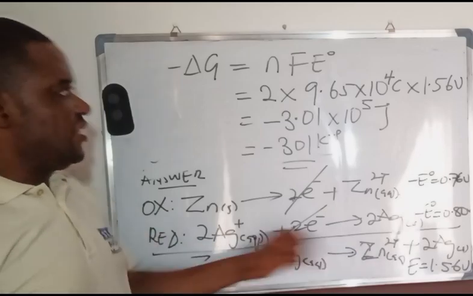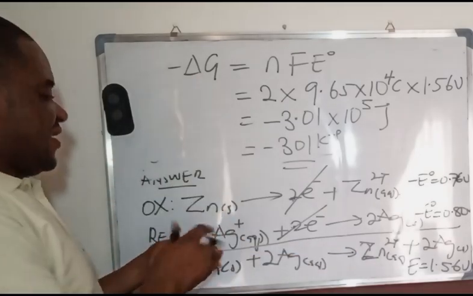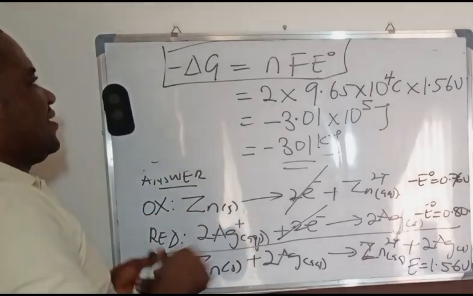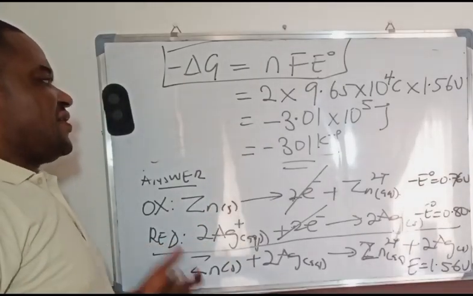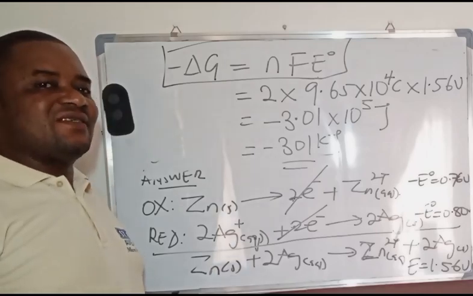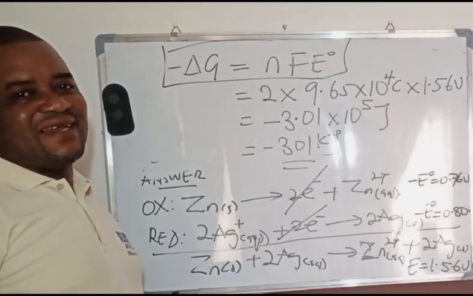Then we can now use that to fit into the Gibbs free energy equation, which is this, for us to be able to calculate the Gibbs free energy. So this is the simplest way, or you can always calculate Gibbs free energy changes from the standard electrode potential.